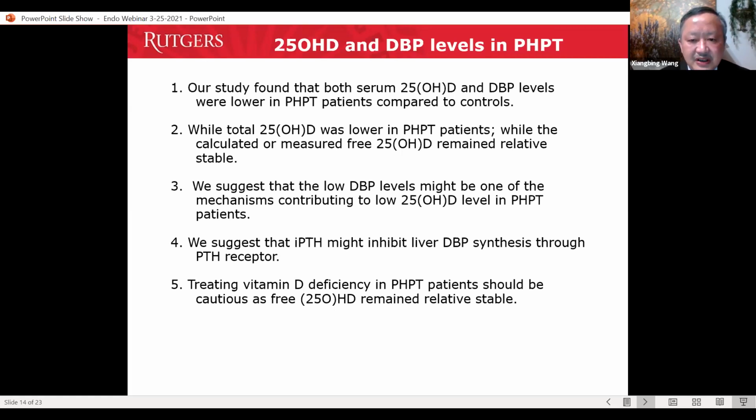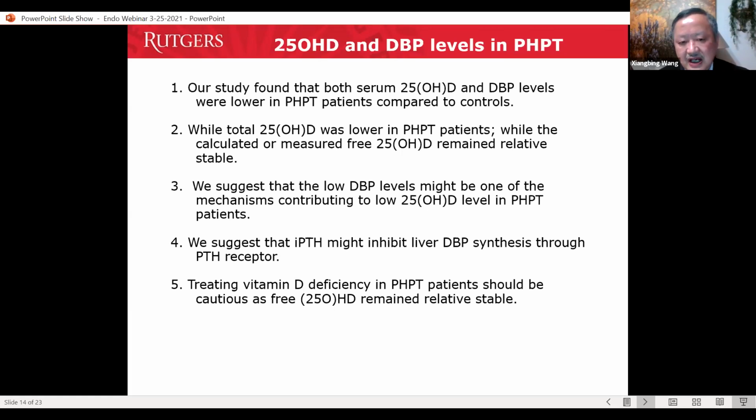Another concept is that, because of low D binding protein, they bind less circulating 25 vitamin D. So the low D binding protein contributes to the low total vitamin D level in this kind of patient.